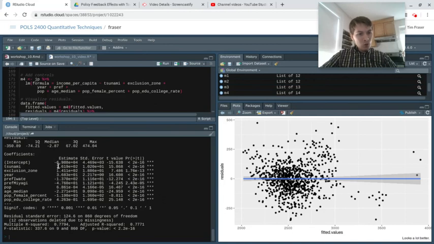And so we see that in general, getting hit by the tsunami actually seemed to boost your income per capita a little bit, as did the exclusion zone, which is very confusing, right? This is because a lot of those towns received a lot of aid, and so their income per capita went up.